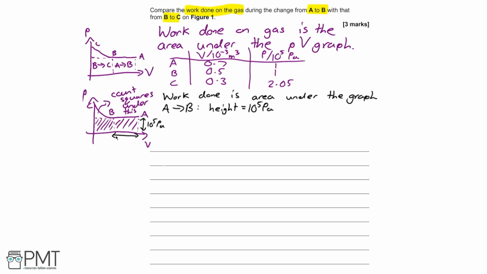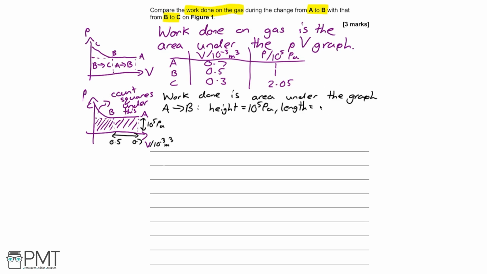It has a length of 0.7 minus 0.5 times 10 to the minus 3 meters cubed, where I'm going to keep that out of the diagram to prevent it from getting too cluttered.